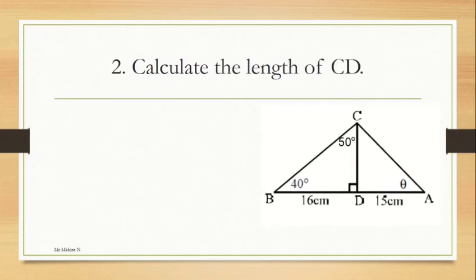Then the second question says, calculate the length of CD. Now CD is the side, and this is the side that we are interested in finding out. Now I always advise students to always use the given information. And remember, this is the given information.